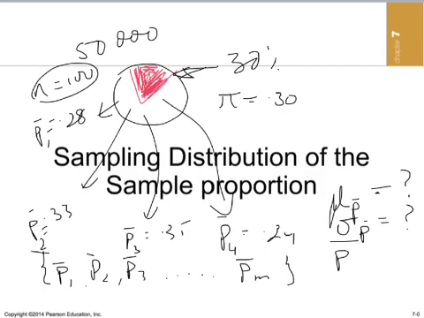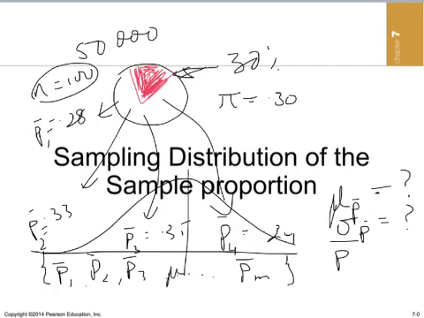Is that distribution a normal distribution? Maybe it might be. Maybe it may not be. All right? So this is what we're trying to do here, is to establish what is the nature of the sampling distribution of the sample proportion, and then demonstrate how we would use that to calculate probabilities.